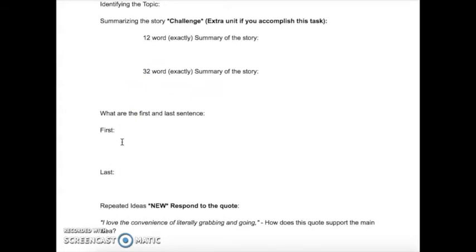As always, the first and last sentence, and that looks the same. The first sentence serves as an intro to the main idea, typically for an author, and the last sentence serves as a recap of the main idea, typically for an author. That's not always the case, especially with the last sentence, but those 2 pieces really create an understanding of that main idea.